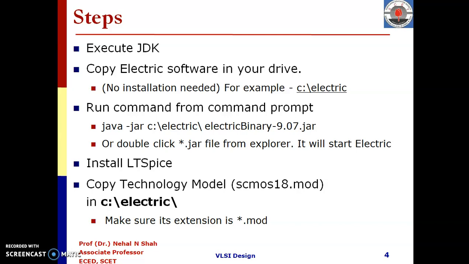Just make sure that extension of technology model file is .mod. This file is available with this video, which you can simply use for making gates as well as CMOS circuits. This file is useful for using parameters of NMOS and PMOS for 180 nanometer technology.